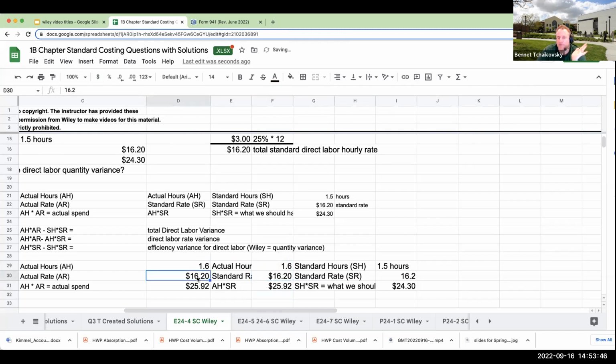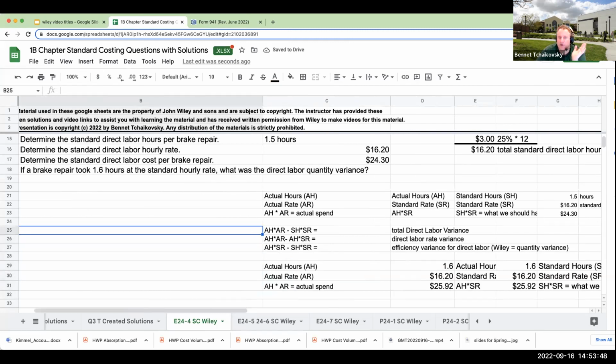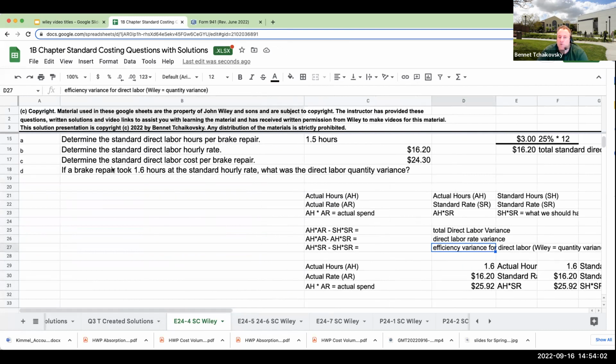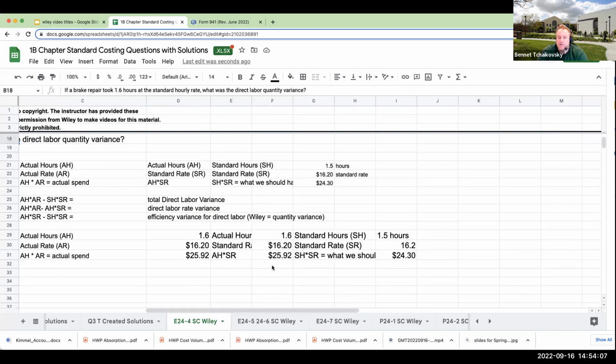The actual amount spent was at the standard hourly rate, so if we were asked about the price or rate variance, there wouldn't be any. What they're asking about is the direct labor quantity variance. That's this relationship: we put in that middle value, and then we look at what we should have spent, which was $24.30. So $25.92 minus $24.30.